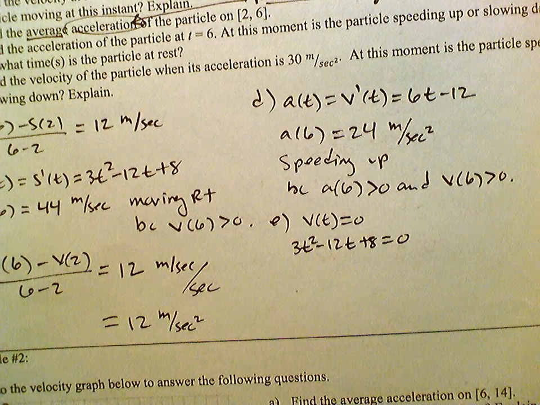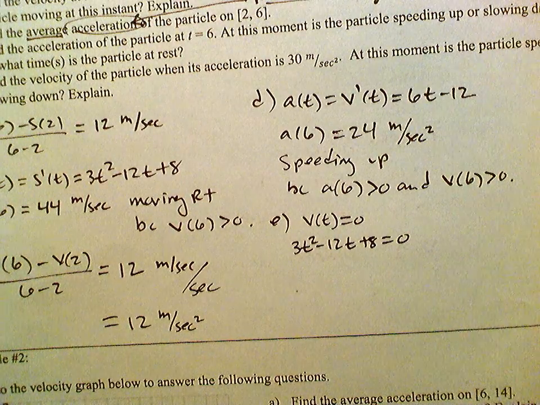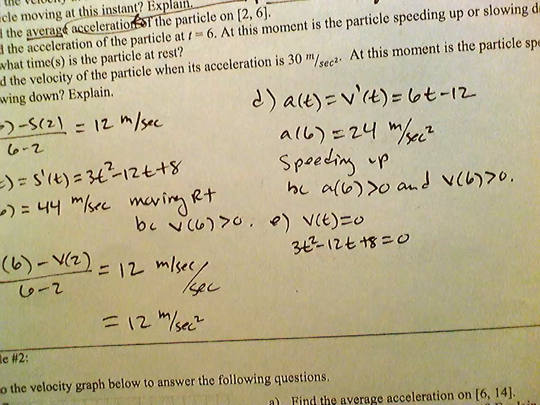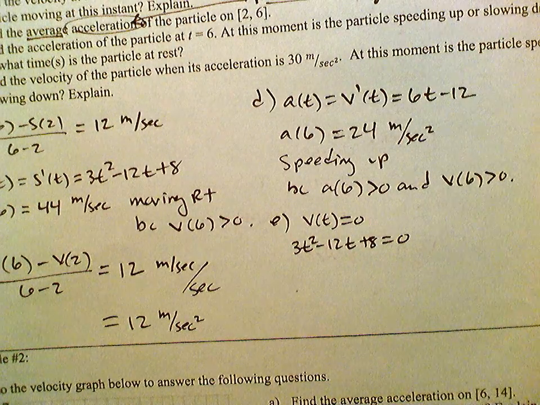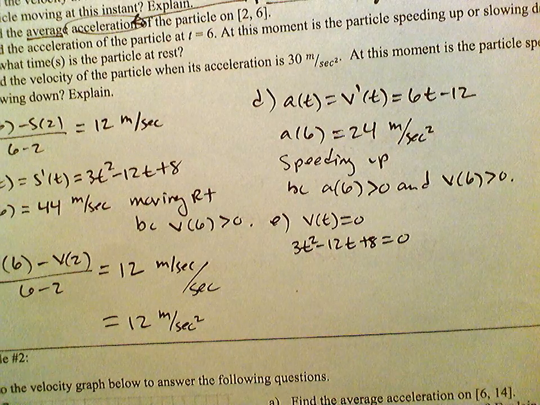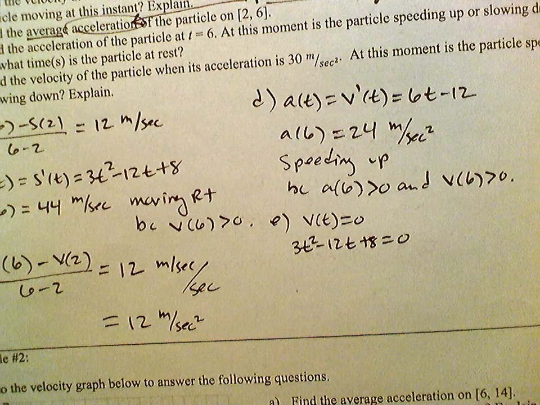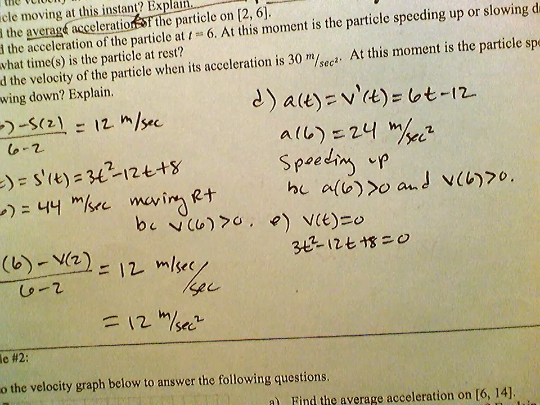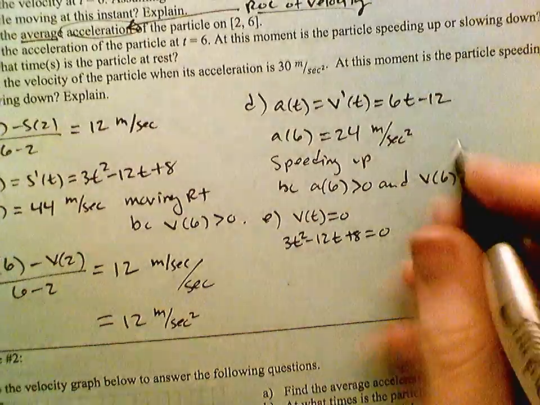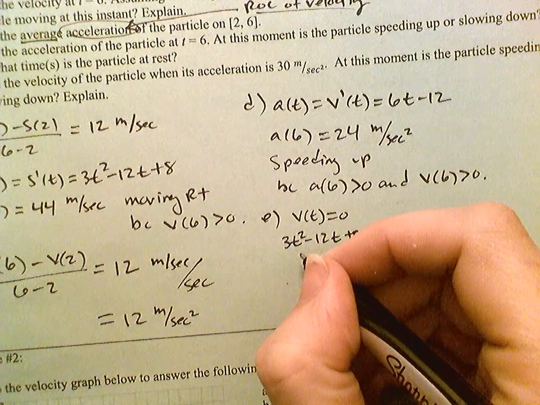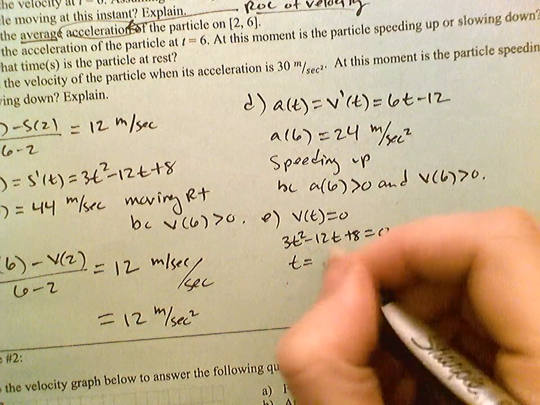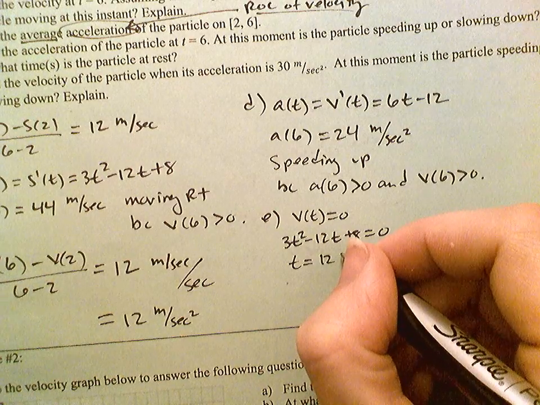And when you do that, you end up with t equals 12 plus or minus radical 48 over 6 seconds.